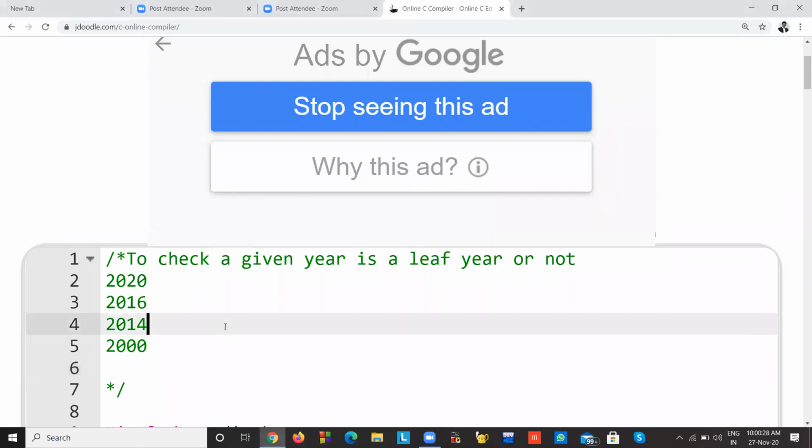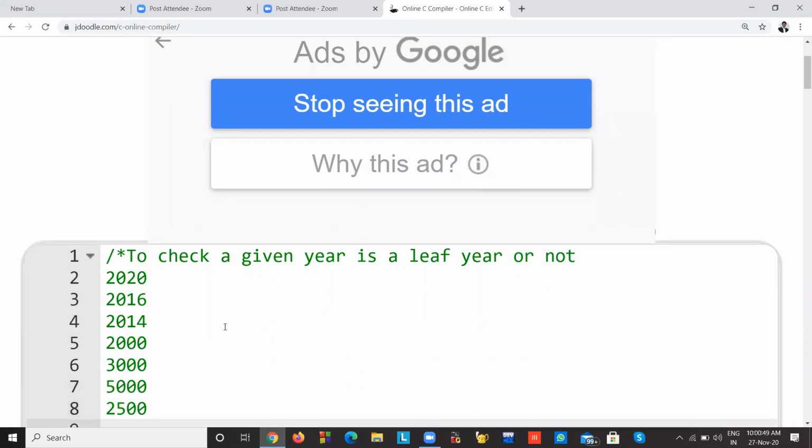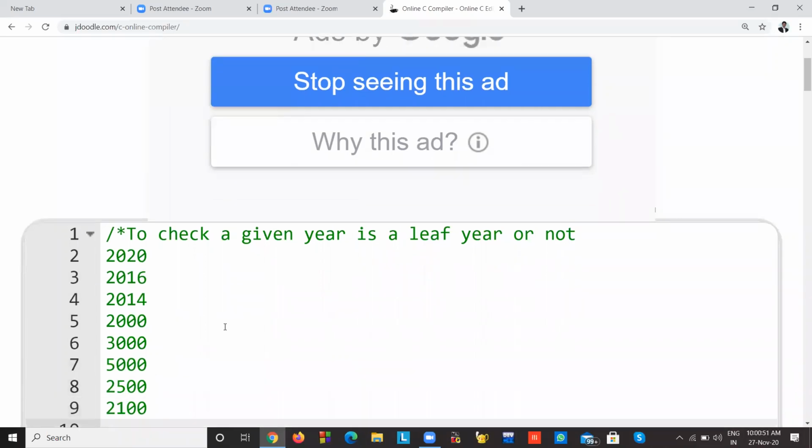Generally, the given years 2020, 2016, 2014 are not century years. Century years means 2000, 3000, 5000, 2500, 2100, 1900.